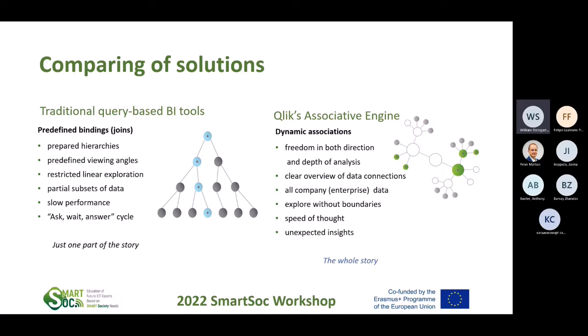In a modern approach, when we use dynamic associations, these associations are constructed over all data fields in the company repository with all company data. And for exploring the associations of data, modern approaches like artificial intelligence or machine learning are also used.